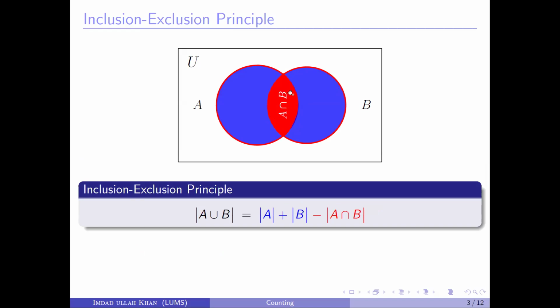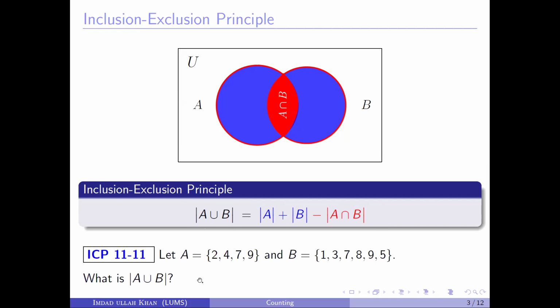So in order to discount that part, we are updating primarily our sum rule, and we call it inclusion-exclusion principle. So in order to find the cardinality of A union B, we add the individual cardinalities and we subtract the overlapping part, so that the students who were counted twice, once from a discrete math perspective and other from programming course perspective, they should be counted once.